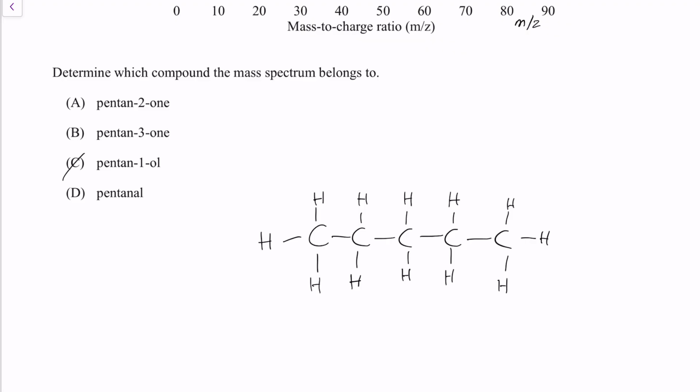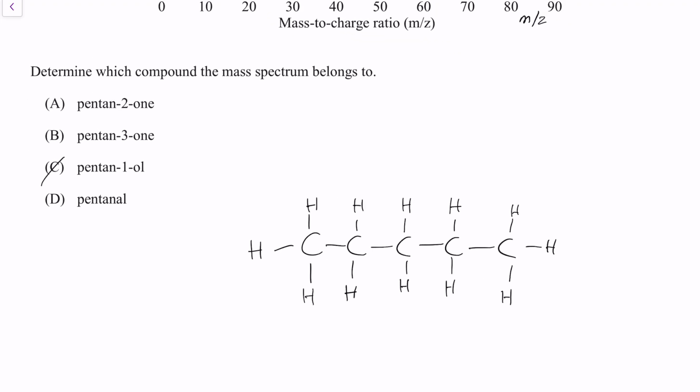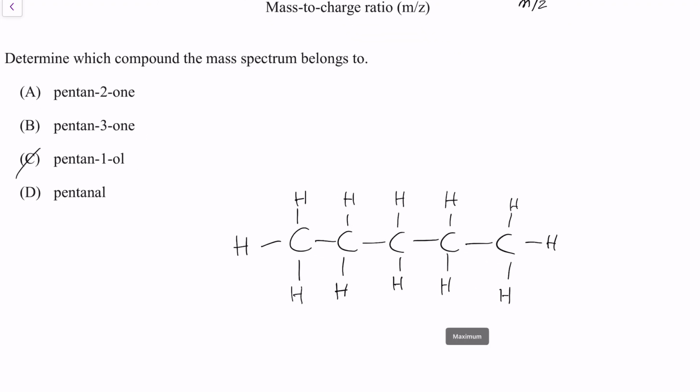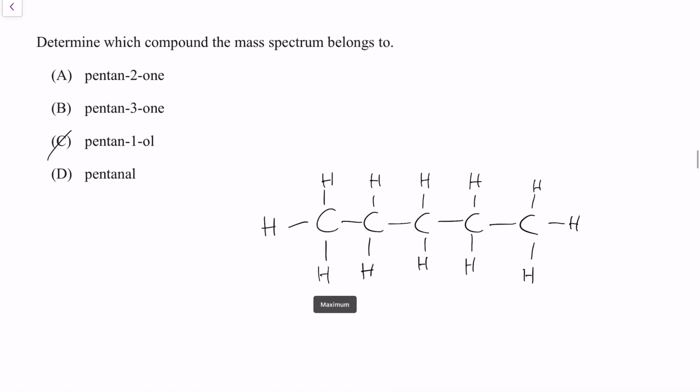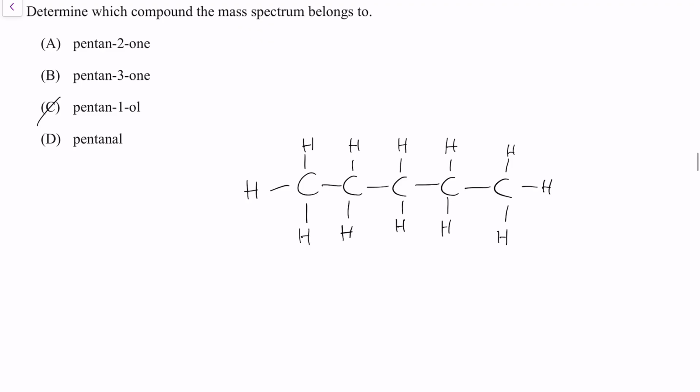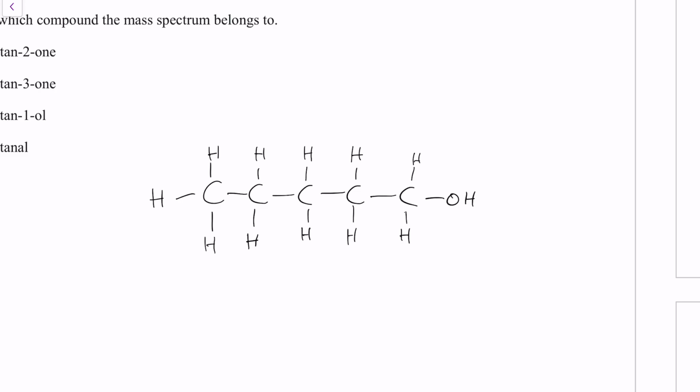Obviously, for multiple choice you use a pencil, but for working out also use pencil, and just erase what you need to in order to change it into one of the options that you have. So we know pentan-1-ol is not going to work because we're simply just adding an O here, in this end.